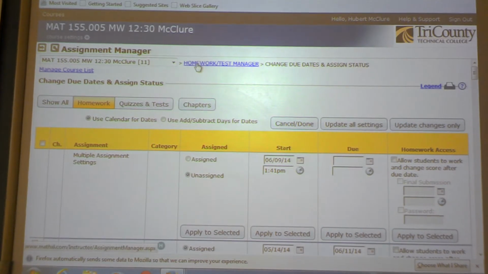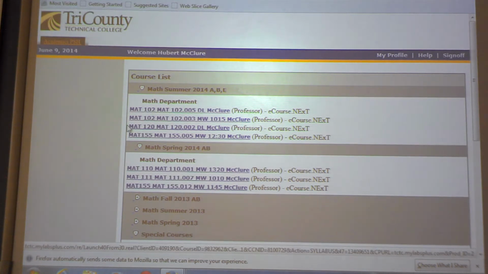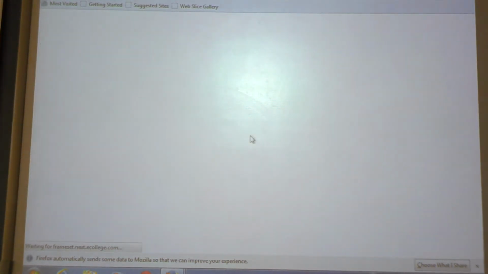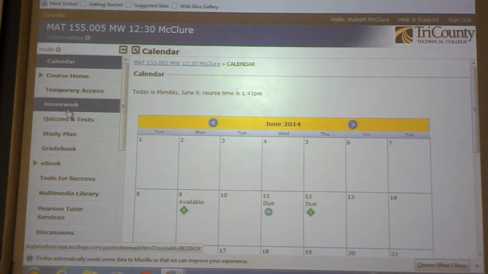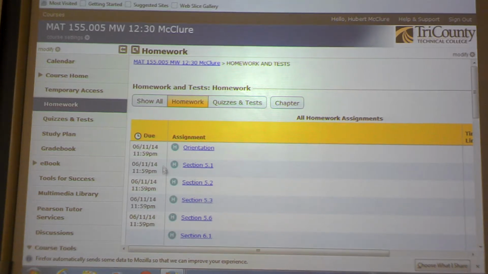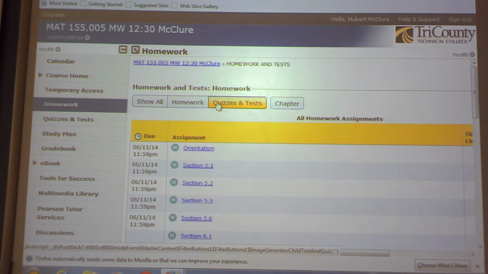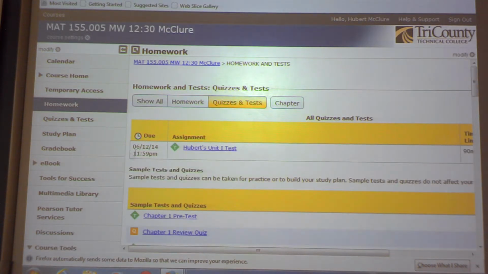So now when y'all go to homework and tests and all that, you'll have a due date out beside your assignment. So you hit homework, you have the due date right here. And tests, you have the due date there also.